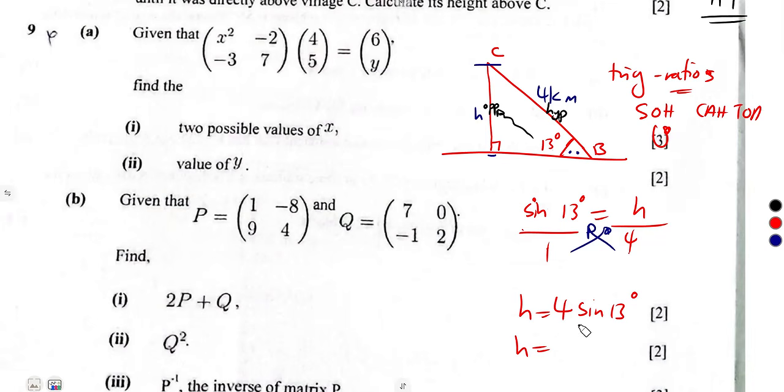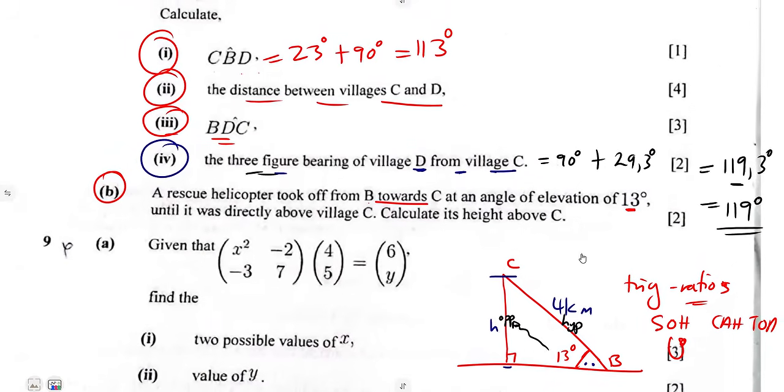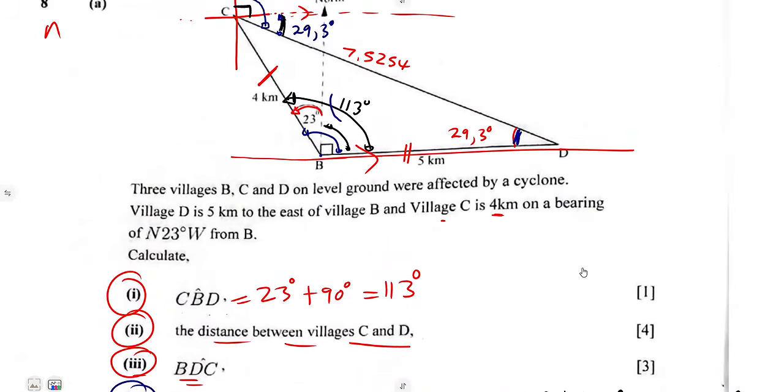That is going to give us 0,8998, which we round to 0.9 kilometers. Remember, they are in kilometers. So you can have that one as 0.9 kilometers. Okay, so that was it. Question number 8, 12 marks for everything there.